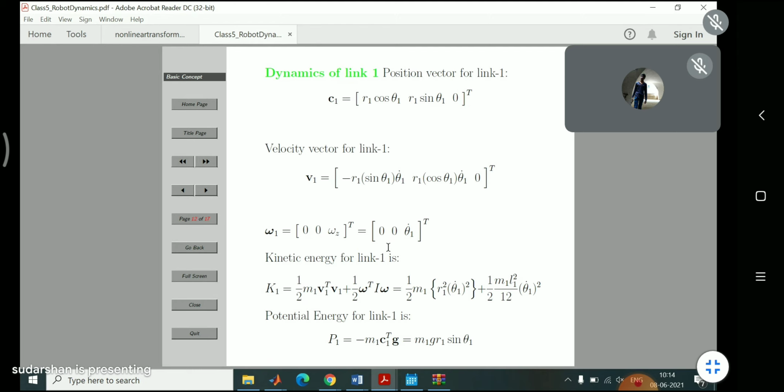Therefore kinetic energy for link 1 is 1 by 2 m1 v1 transpose v1 plus 1 by 2 omega transpose I omega. Just as we did in the previous example, we get almost the same equations for the first kinetic energy term K1.